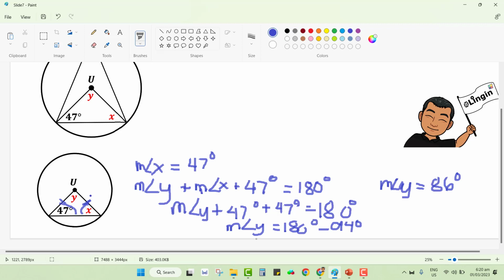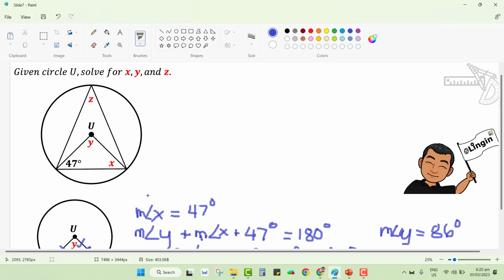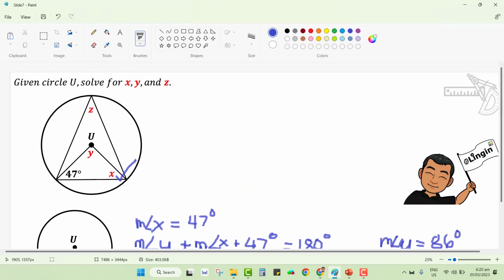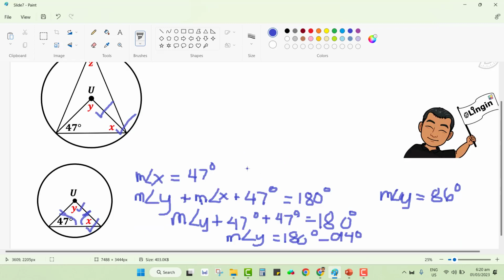We have now solved the measurement of angle X and angle Y using the isosceles triangle created from the two radii and the Triangle Angle Sum Theorem. So going back to the original given, this is already 47, this is already 86, based on our computation earlier.